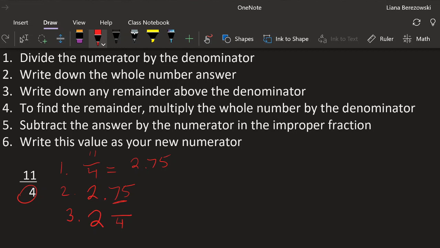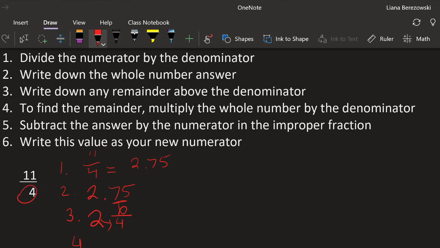So look at our next step, right? So we sort of have to combine steps 3 and 4, right? So it says to find the remainder, multiply the whole number by the denominator. Okay, so the whole number is 2, and we want to multiply that by the denominator. So we're going to do 2 times 4. Okay, so we're going to consider that to be 6. Subtract the answer from the numerator in the improper fraction.